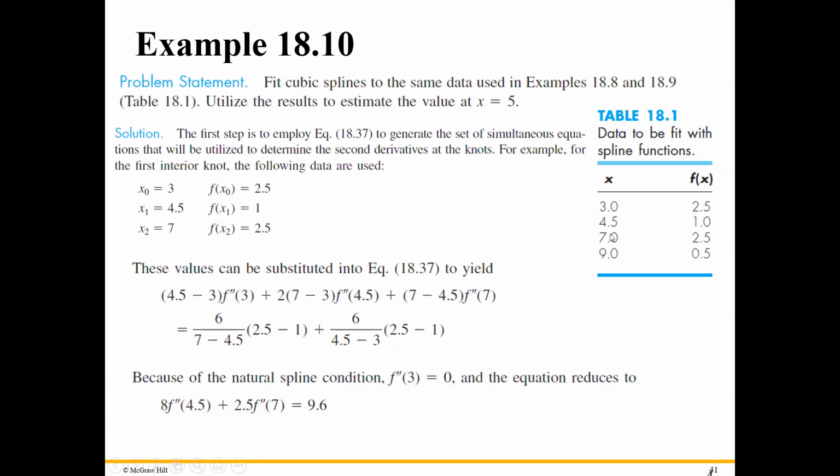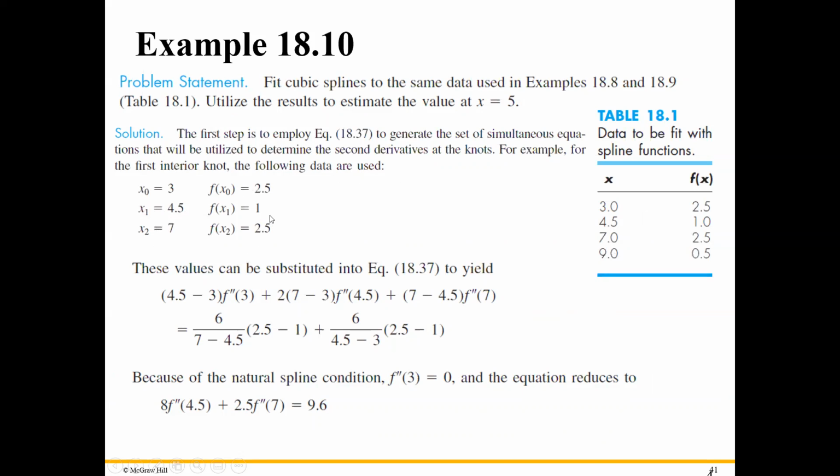So in this third order spline, we have the same data as before: 3, 4.5, 7, and 9. From these data points, we can see that x0 is 3, x1 is 4.5, and x2 is equal to 7, and then their corresponding f(x) values.